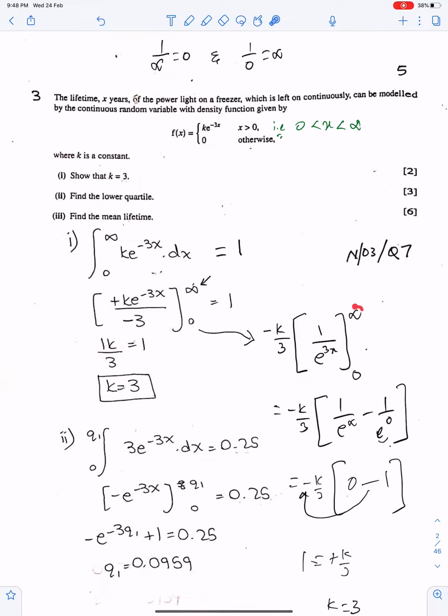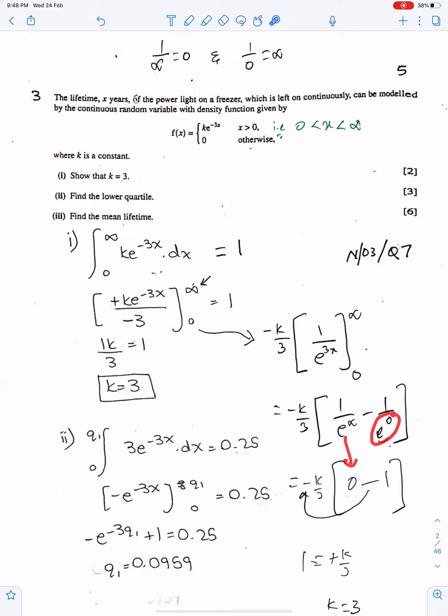When you will apply the upper limit, this will become 1 upon e power infinite, and when you will apply lower limit, this function will become 1 upon e power 0. You all know e power infinite is infinite. If e power is infinite, then answer is always infinite. So 1 upon infinite is 0. So this answer will be 0.